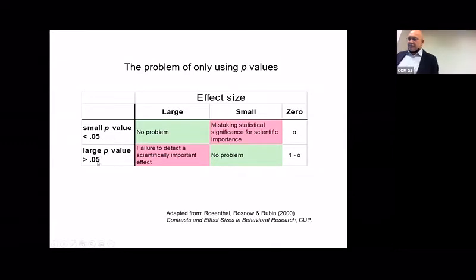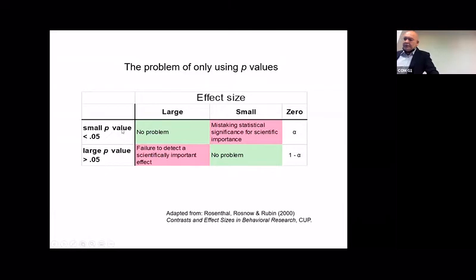If it's larger than 0.05, down here, a large p-value, that would not be statistically significant, and we would not say that there was an effect there. We would say there's not enough evidence for an effect. Okay, so effect size, as you now understand, a large effect size is good, a small effect size is not very interesting. Okay, so let's start with the green squares here.